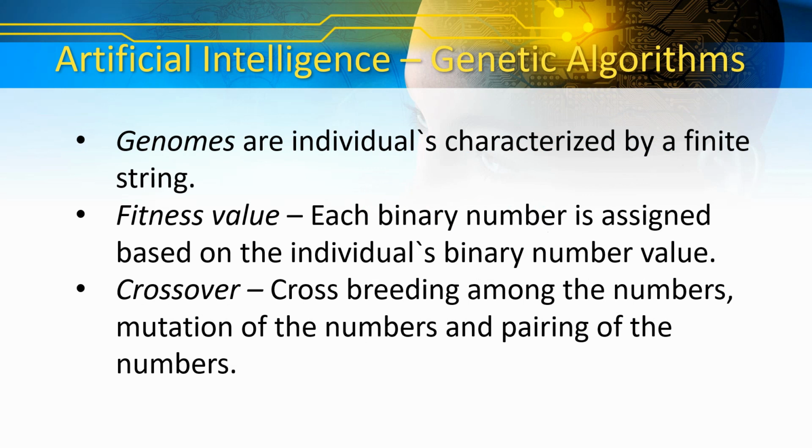So, through crossbreeding among numbers, known as crossovers, mutations of numbers, and pairing of numbers with high fitness ratings, the smallest value that can be represented by the number of bits in the binary number will emerge in later generations.